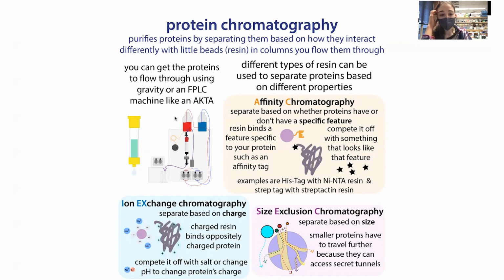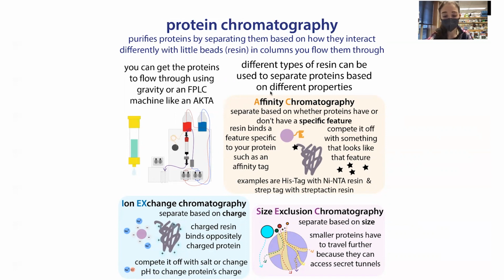So if you flow a mixture of proteins through these columns, the different proteins will interact differently with the resin, and so they'll flow through at different rates. Therefore, by isolating the fractions, you can isolate your protein of interest apart from the other proteins by exploiting differences in the various proteins.